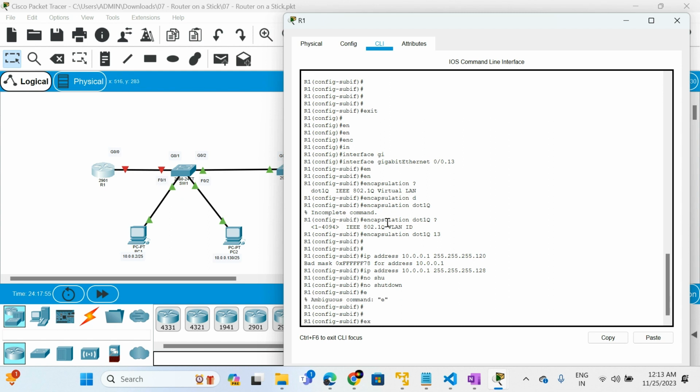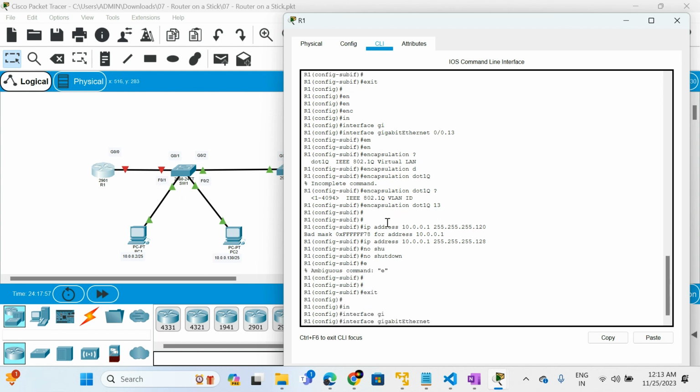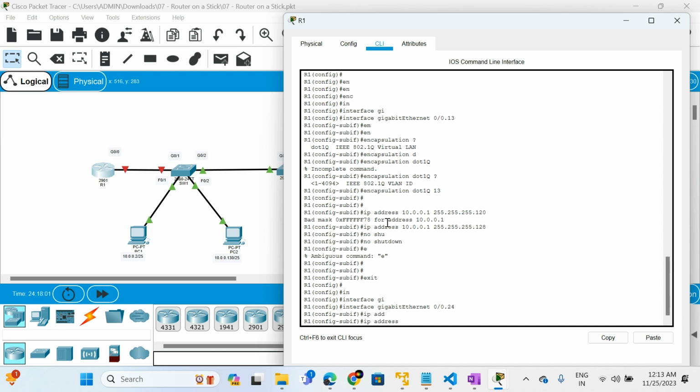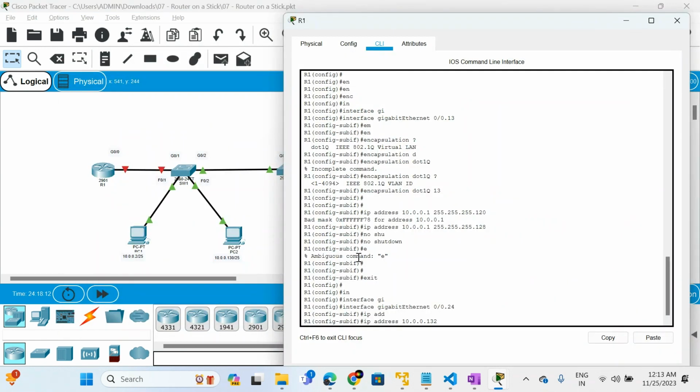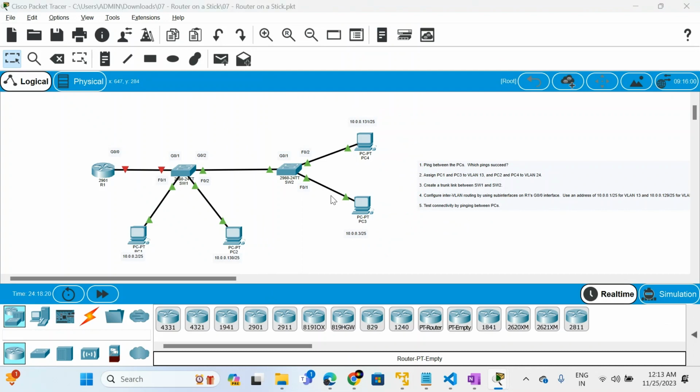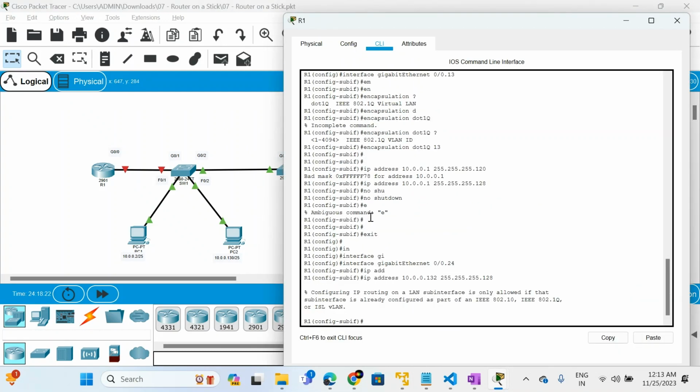And I'm moving to another interface, gig 0/0.24. I'm giving it an IP address 10.0.0.132 with mask 255.255.255.128.